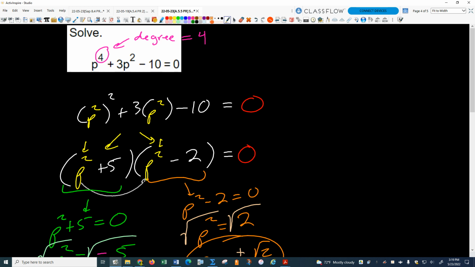Now, if I had a multiplicity bigger than 1, it would count for more than one solution, but I haven't had any like that today. Like if I had an x squared factor, x squared equals 0 when x equals 0, so there's a solution, but it counts as 2 because the x was squared. See what I'm saying?